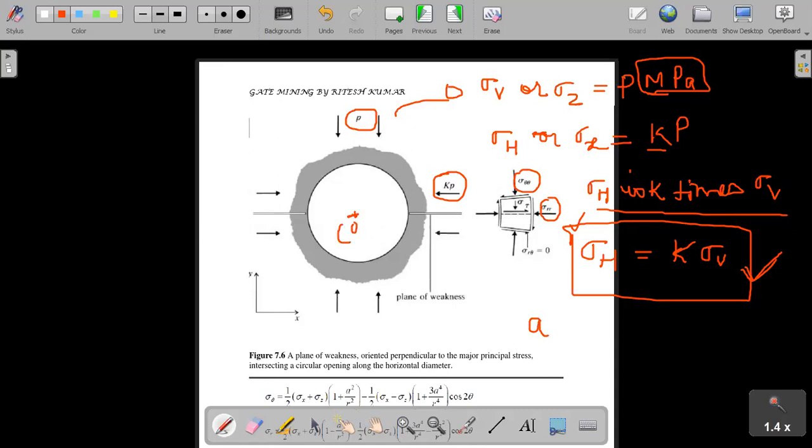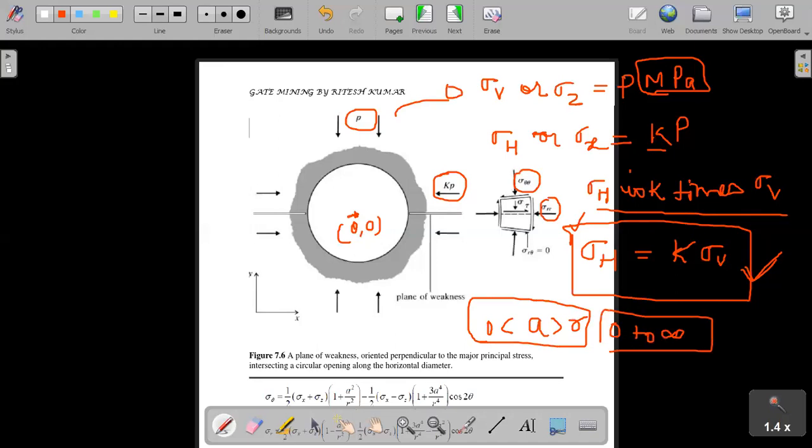This is the center of the opening. A can be from 0 to greater than r, anything. Okay, means 0 to infinity value, and r is the radius of opening.